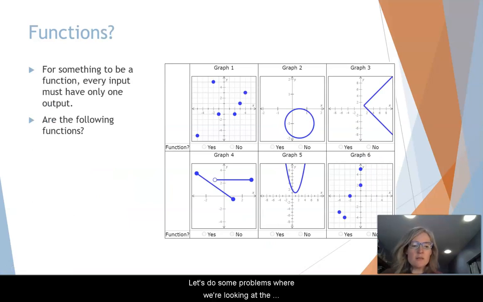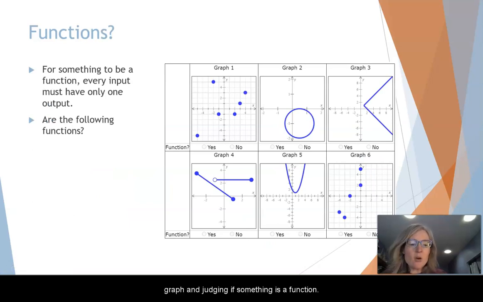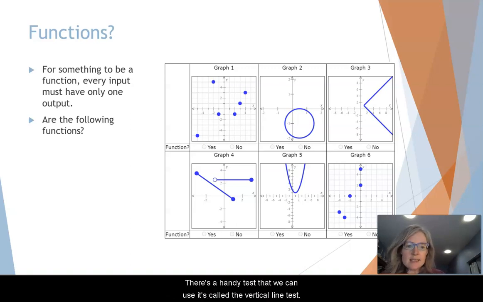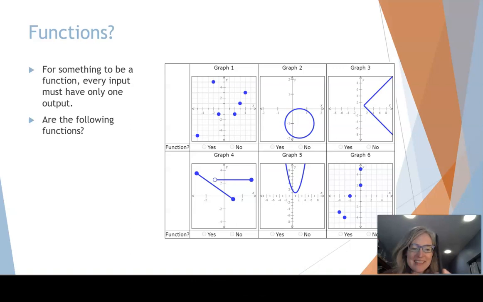Let's do some problems where we're looking at the graph and judging if something is a function. There's a handy test that we can use. It's called the vertical line test. And the vertical line means that we're just going to take a vertical line and pass it over the graph. If it hits one spot only as it's going through, or one spot at a time, it is a function.